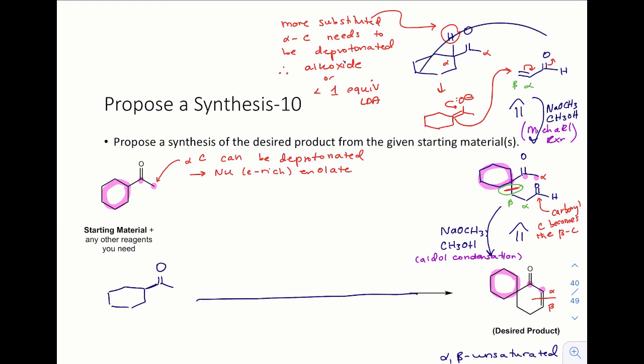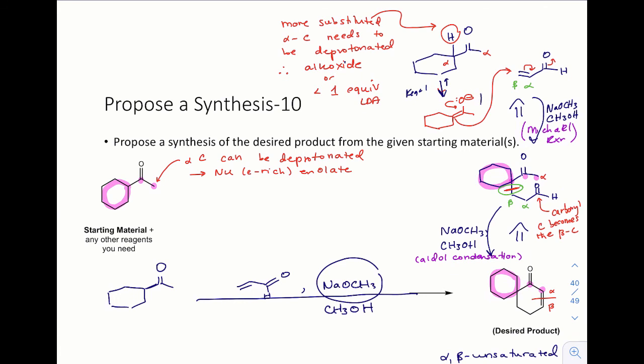So we could write it out step by step like we did here, or we could just propose the Robinson annulation in a single step. So we have the alpha beta unsaturated aldehyde and an alkoxide base to generate all those enolates. The conjugate acid of the base is given as the solvent and the proton source. And this would work because alkoxide bases will form the thermodynamic enolate, even though the equilibrium constant is less than 1.